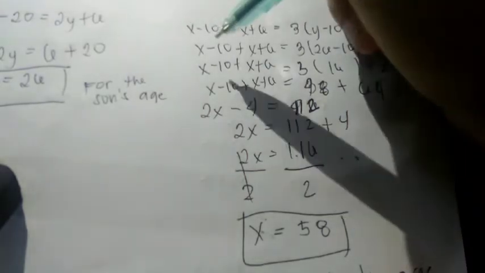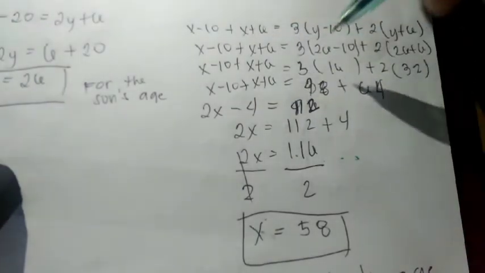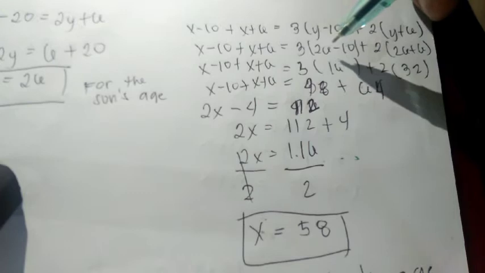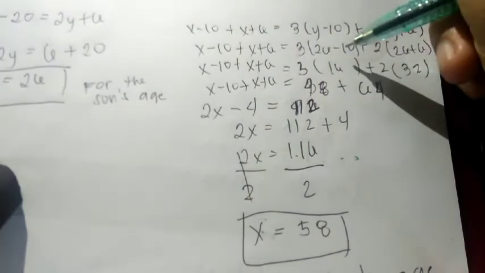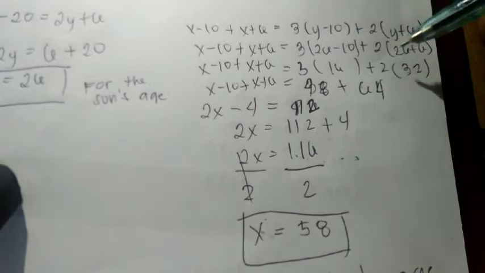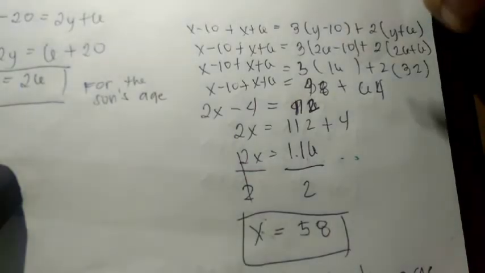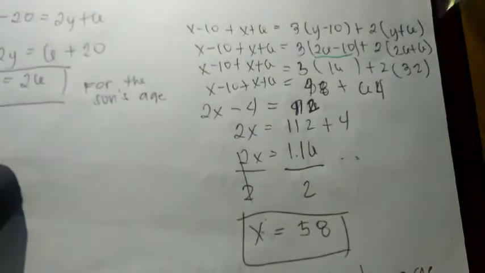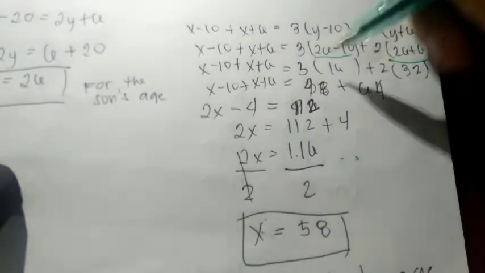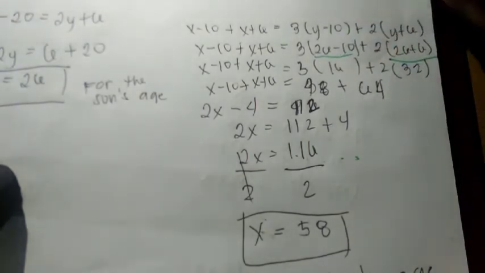So we have here x minus 10 plus x plus 6. Let's change the y to 26. So we have here 26 minus 10, and then we have here the quantity of 2, quantity of 26 plus 6. Let's subtract this and add this. So we have here the 16 and 32.